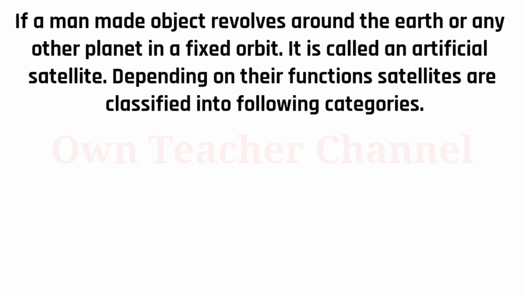If a man-made object revolves around the Earth or any other planet in a fixed orbit, it is called an artificial satellite. Depending on their function, satellites are classified into the following categories.